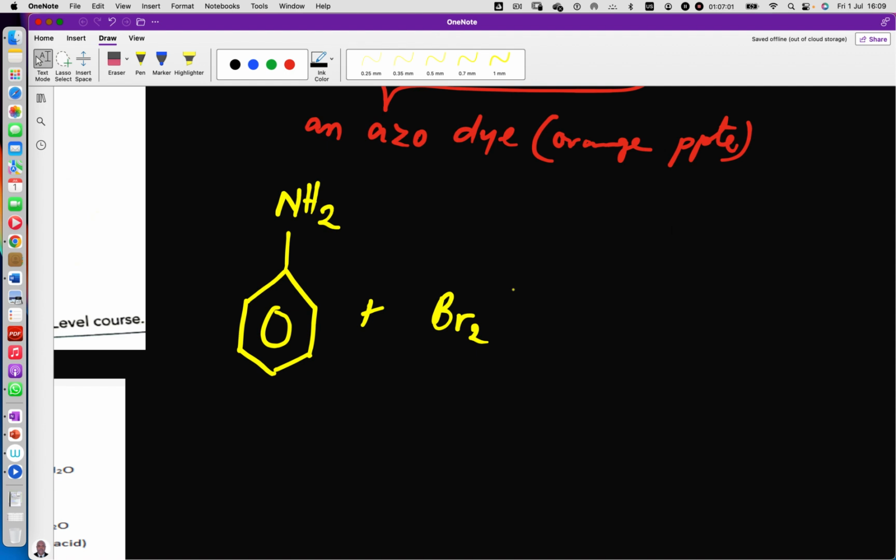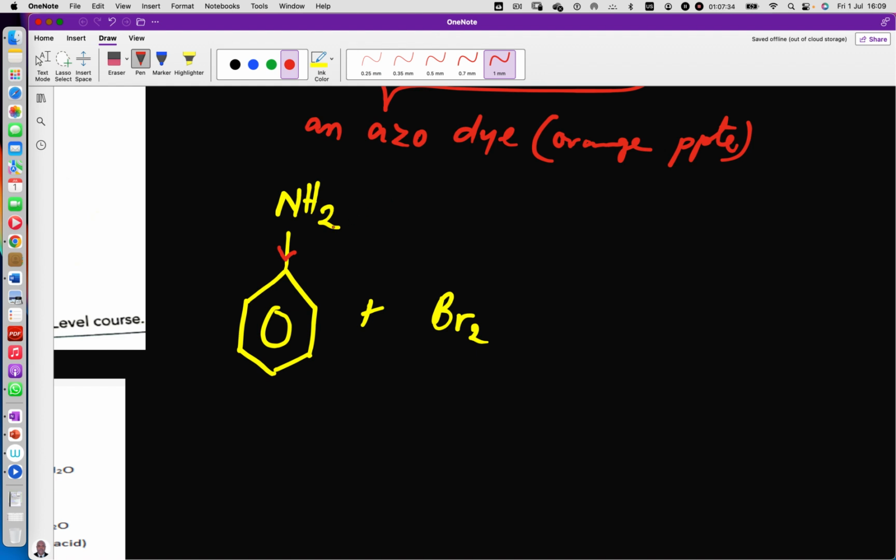So for this group, as an electron donating group, it has a positive inductive effect on the ring. Being an electron donating group into the ring, it increases the electron density in the delocalized benzene ring.